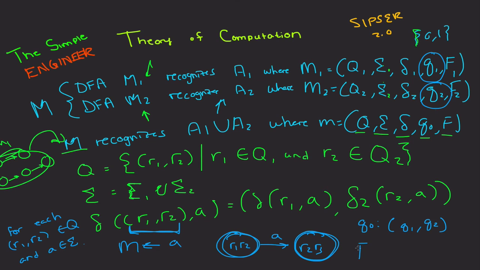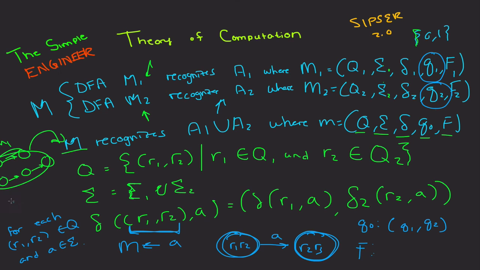And last but not least, we have the final states. And something to note is the final states are going to be the pairs or the set of accepting states that are accepted in either M1 or M2.